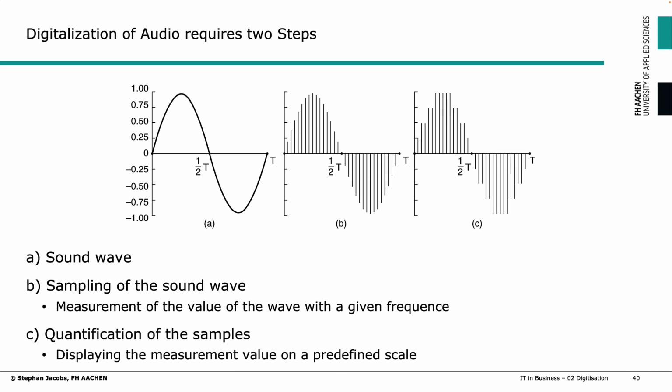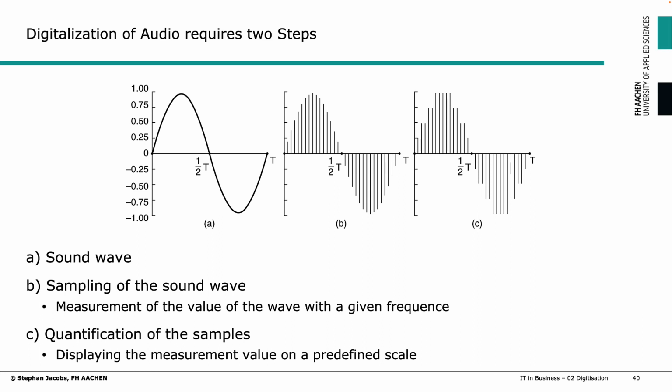Let's have a look at concrete examples. What you can see here is 3 pictures. In picture A you see a sound wave, and in picture B you see the sampling of the sound wave. So each of these vertical lines represents a measurement which actually is at this given time at this sound wave on the left side.